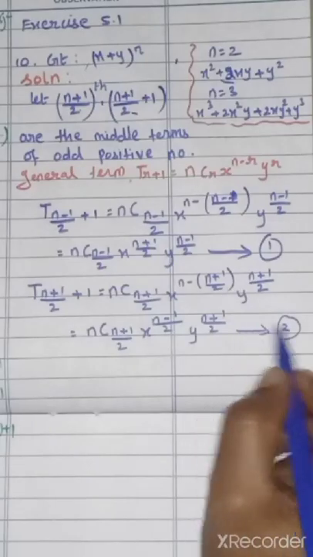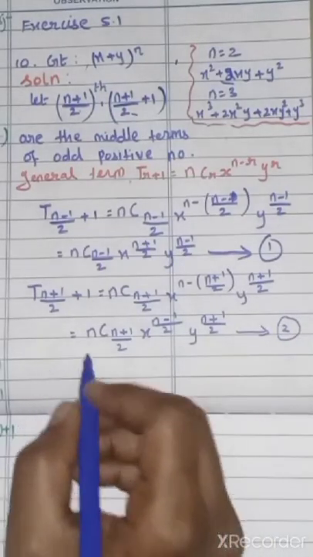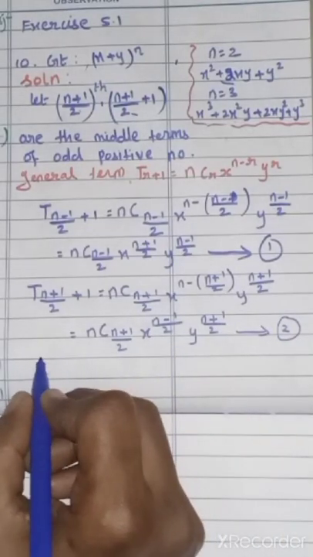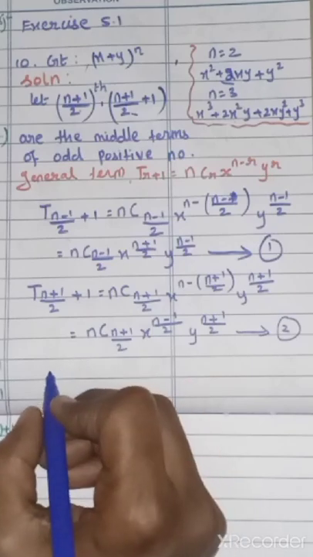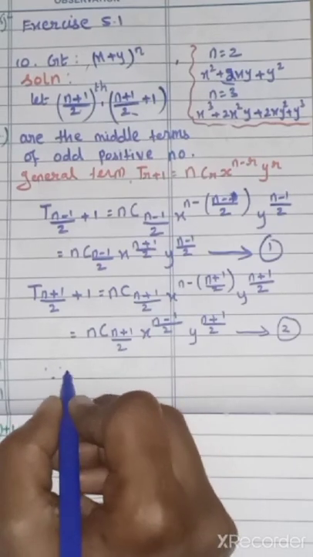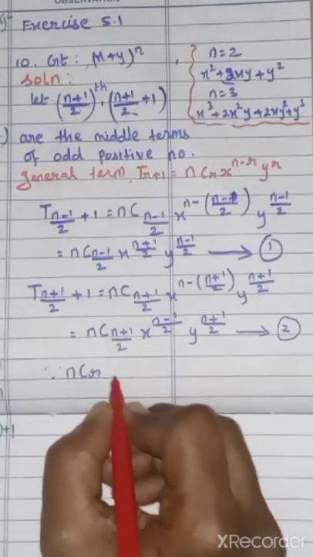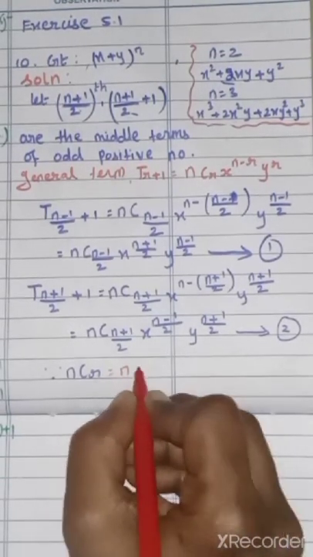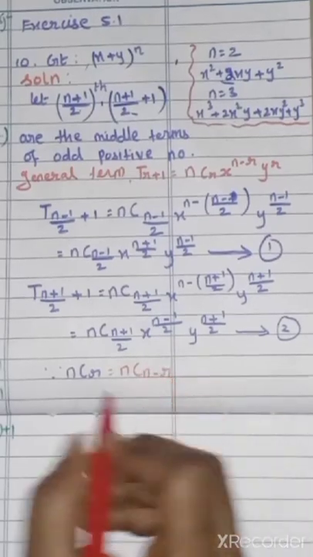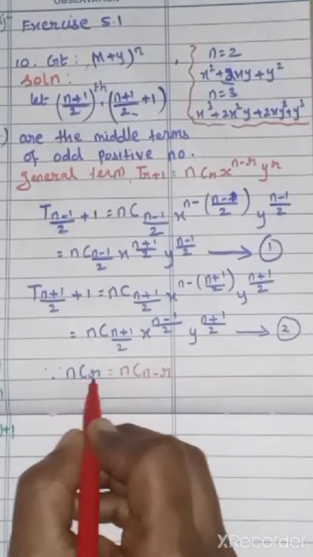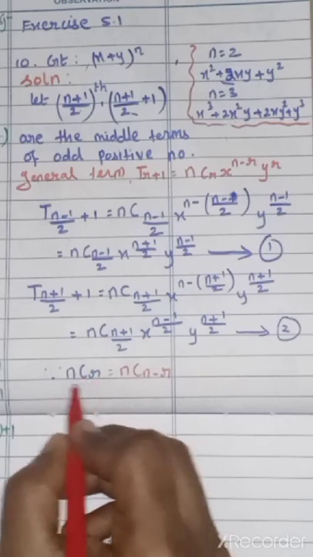Once again I'll tell you. Another property we have seen: nCr is equal to nC(n-r). We have seen this in the beginning of the combination.